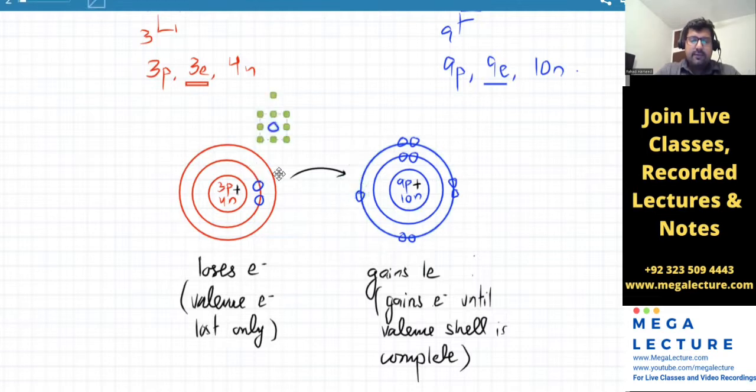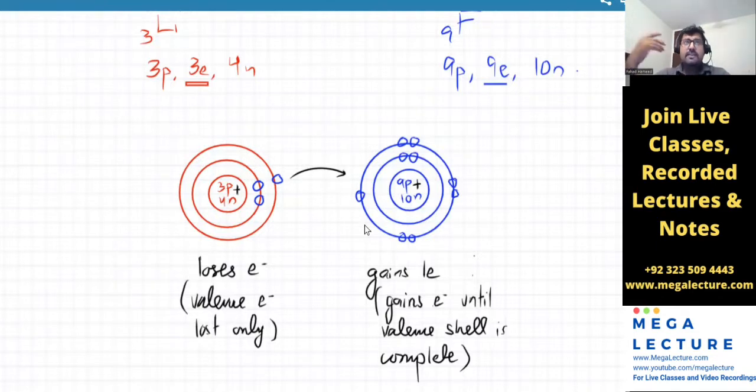But it's only going to lose the outer shell electrons, not the inner shell electrons, right? And the non-metal will continue to gain electrons. It's going to steal those electrons from other atoms, and continue to fill its shell, but there's an upper limit. It can only do that until the valence shell is complete.